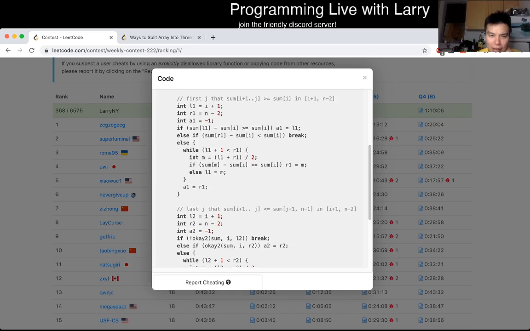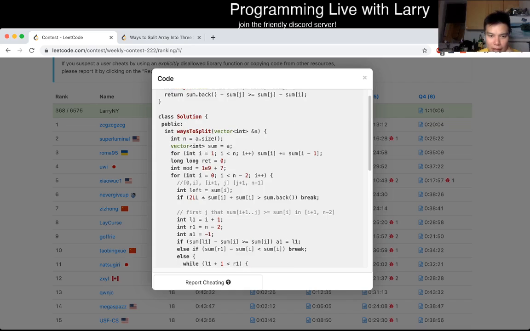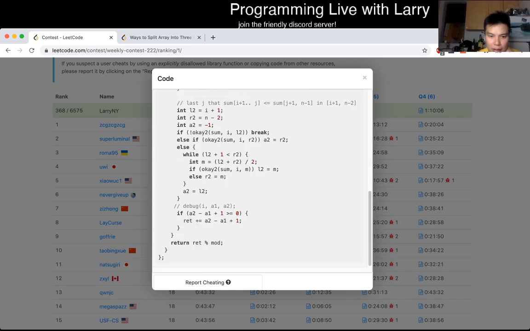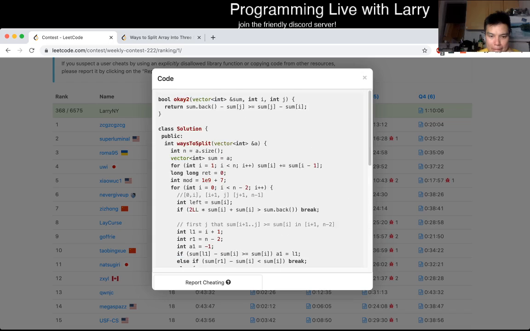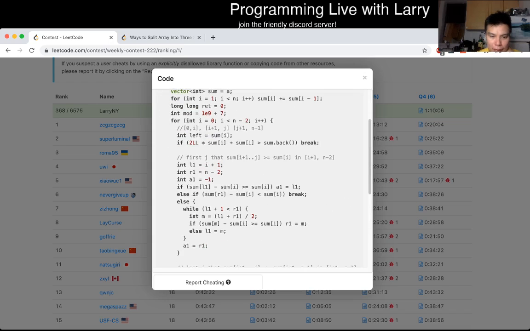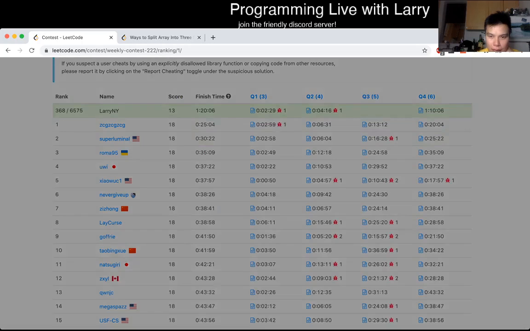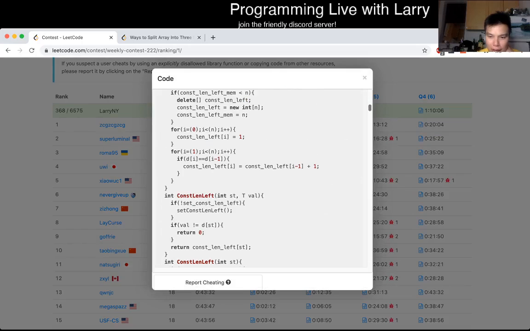I'm actually curious. I think we had similar things. But I don't know. I don't know what that code is.